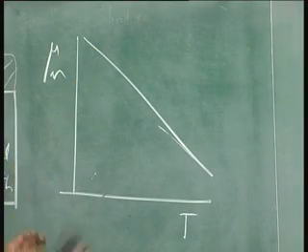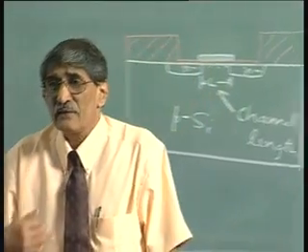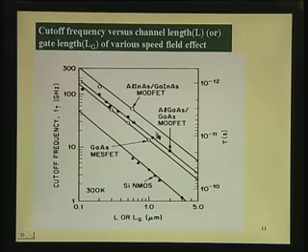So, these are some of the benefits that you can get by switching over to some other material which has superior properties. Okay. So, this curve I deliberately put just to show you the improvements that you can get. You can see almost from 10, 20, 30, 40 gigahertz, go to 300 gigahertz. Okay. That is by changing the material.